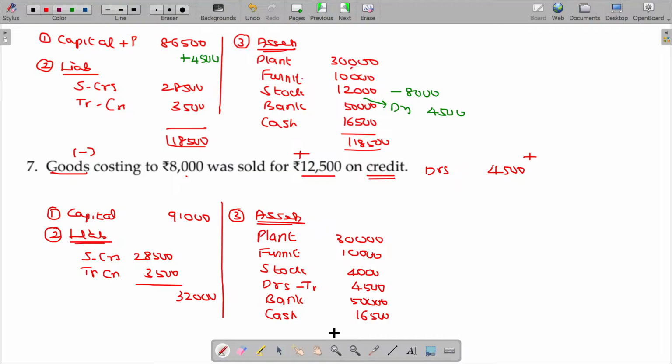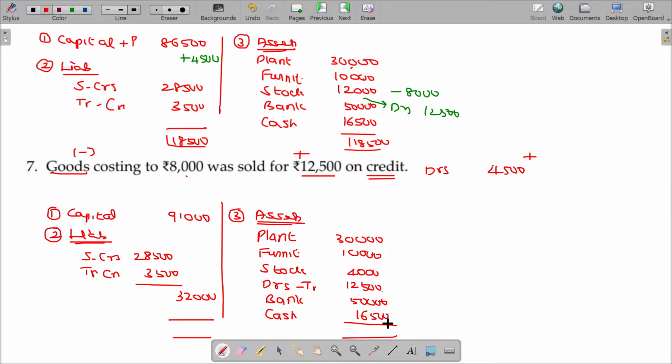12,500. Okay, 12,500. Okay. Good. This is 12,500. Hope now we'll be agreeing. It will be agreeing, right? What is the balance sheet total now?